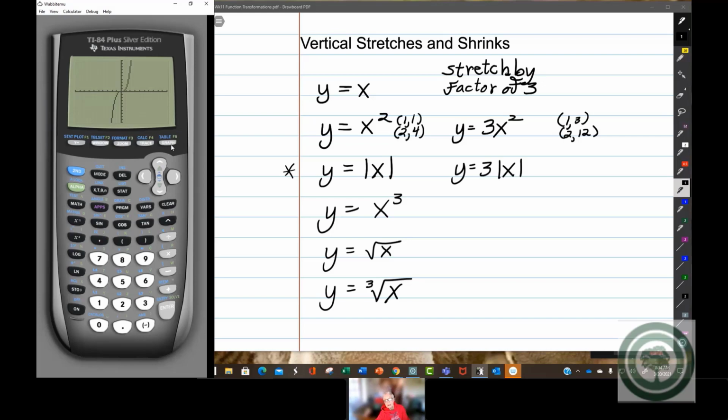There's y equals x to the third power, y equals x cubed. Now, if I'm going to stretch this by a factor of 3, I come down here and I type 3, and then x caret 3.